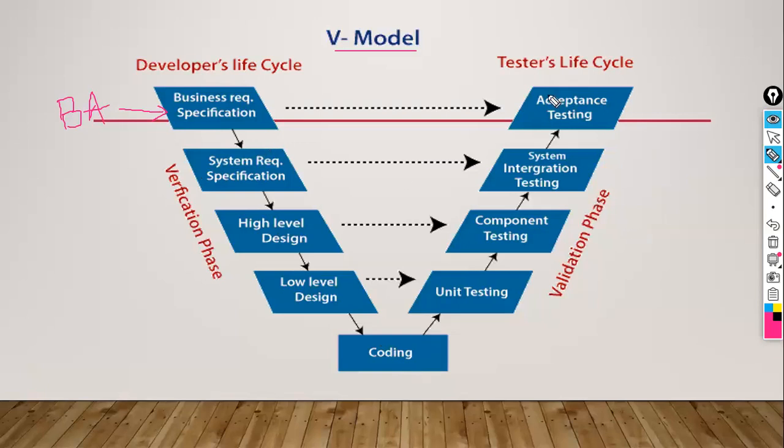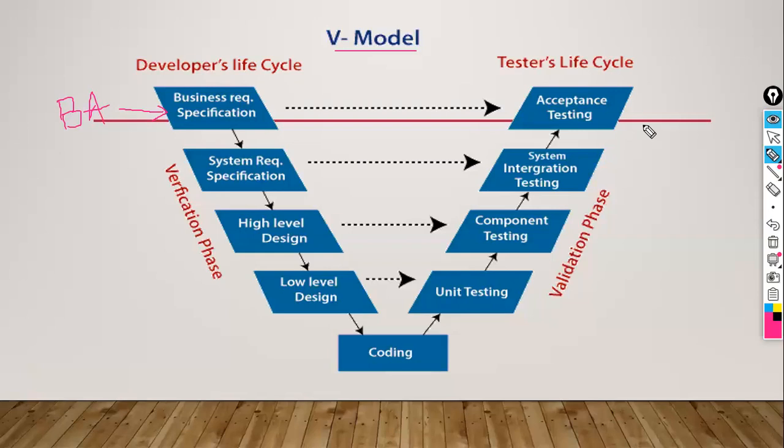But here, as this BRS document is already given to the testing team and they are working on it parallelly, they have the entire details of what they need to test and the different types of tests that they need to perform. So this testing process will go very smoothly because of that. So out of the two major disadvantages, one disadvantage we can overcome here, that is the testing team involvement disadvantage.